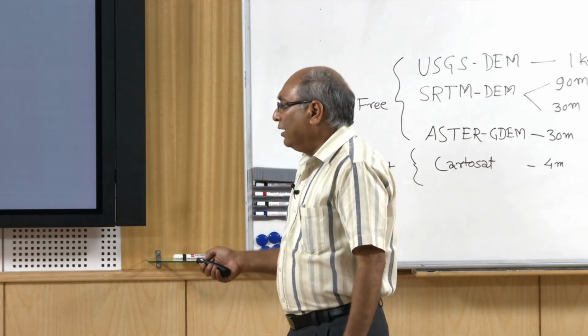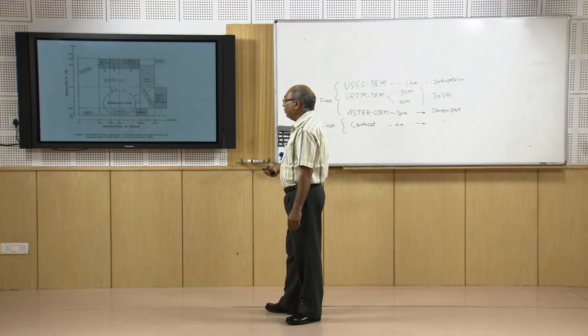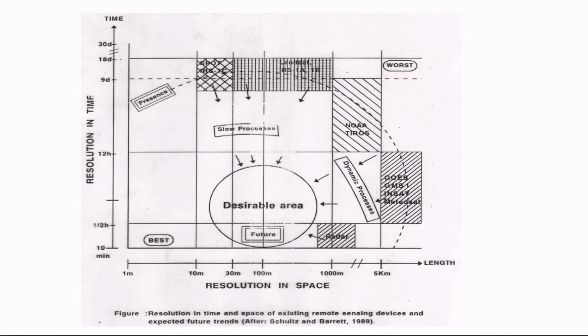There is a view graph, or a figure, given by Schulz and Barrett in 1989 showing which satellite data or which spatial resolution is good for different requirements or projects.